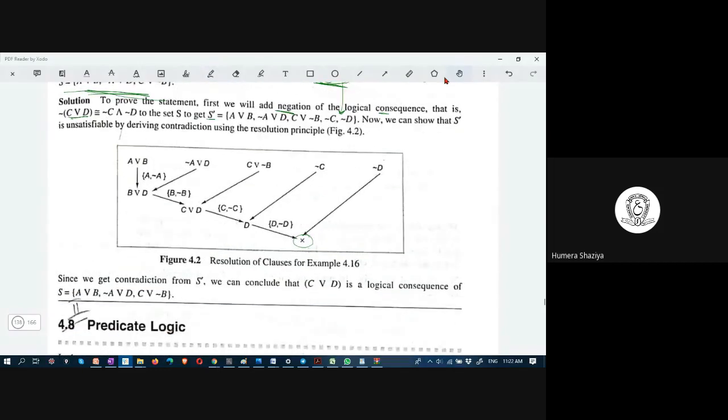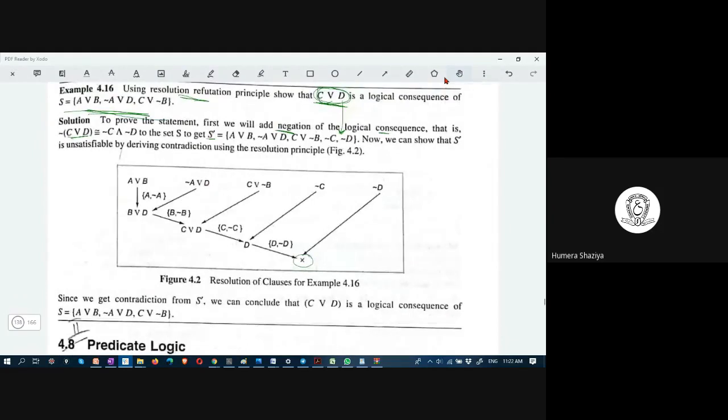That indicates that indeed C or D is a logical consequence of this set: A or B, not A or D, C or not B. C or D is a logical consequence of this, which has been proved through resolution refutation.